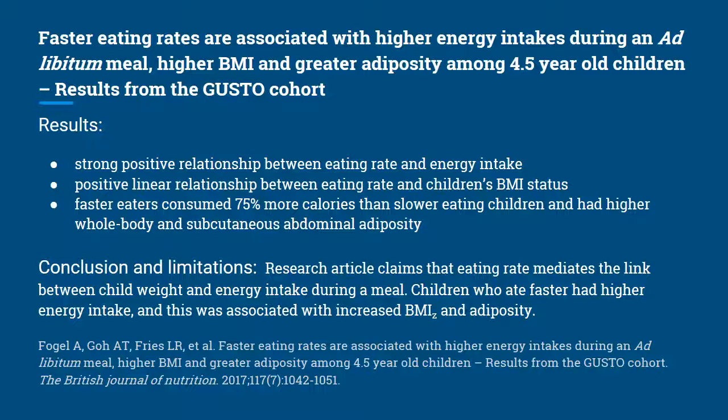Conclusions and limitations for this study show that the research article claims that eating rate mediates the link between child weight and energy intake during a meal. Children who ate faster had higher energy intake, and this was associated with increased BMI and adiposity.